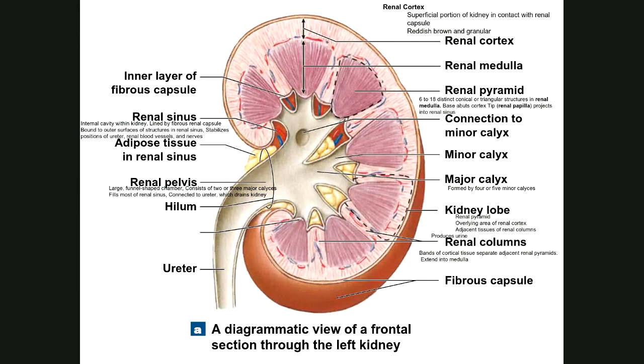Renal pelvis is a funnel-shaped chamber that consists of 2 to 3 major calyces. Here I have 3: 1, 2, and 3. And it's connected to the ureter at the hilum.